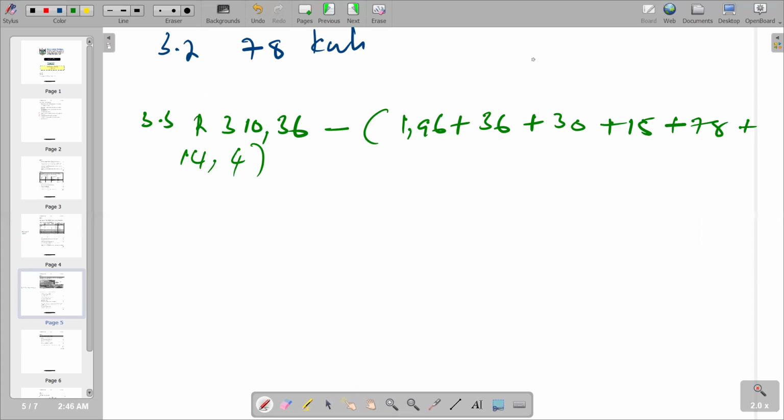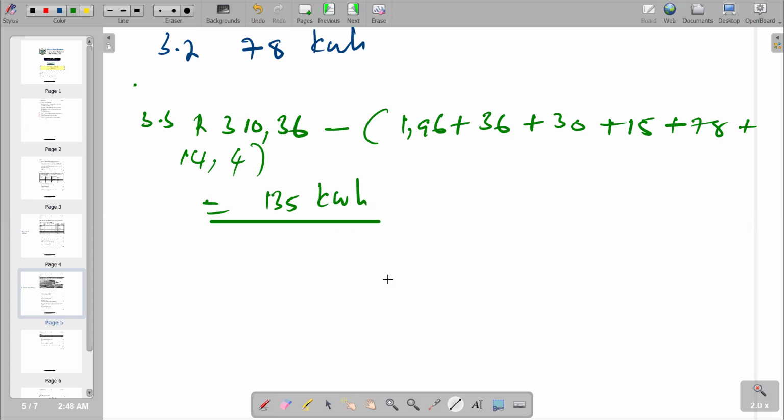Let's just try to calculate. So with that, we are going to get it as 135 kilowatts. So this is what we have.